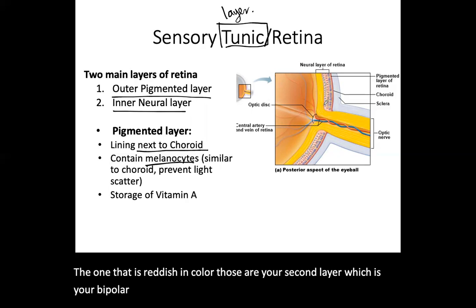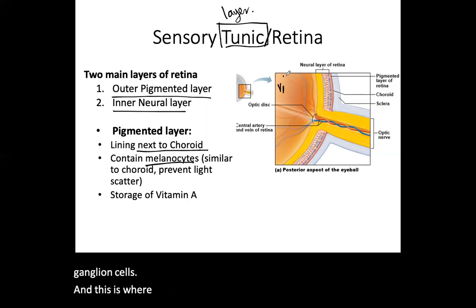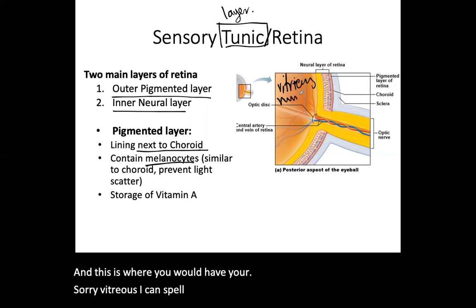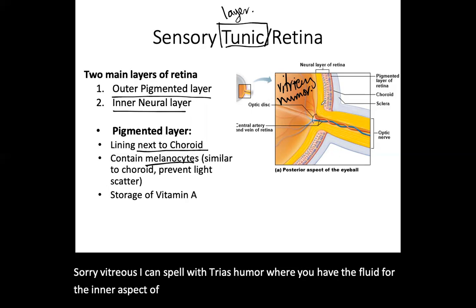And the third layer right here would be your ganglion cells. And this is where you have the vitreous humor, the fluid for the inner aspect of your eye, or what we identify as the posterior segment of the eye.